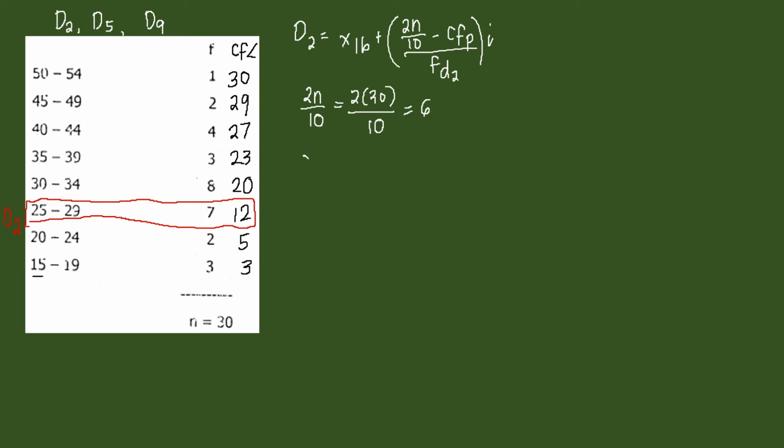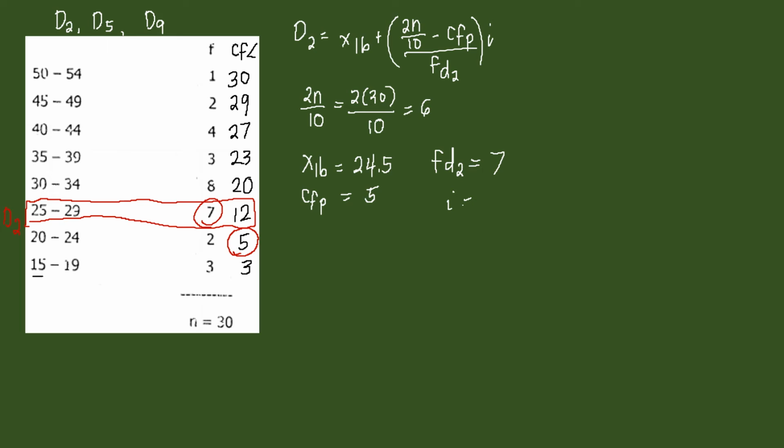Having known that, we can now solve for the lower boundary, which is the lower score of the D2 class minus 0.5, so that is 24.5. The CFP, which is the cumulative frequency preceding the decile class, is 5. For the frequency of the decile 2, we have 7.